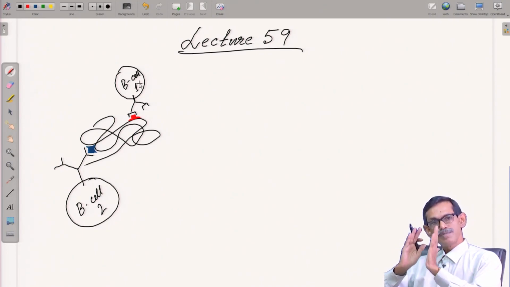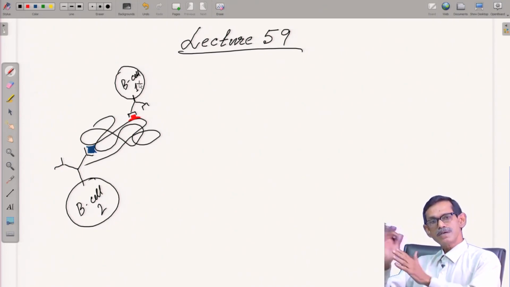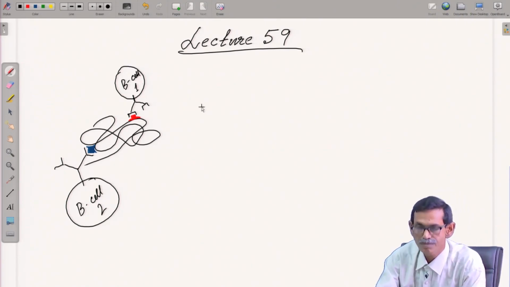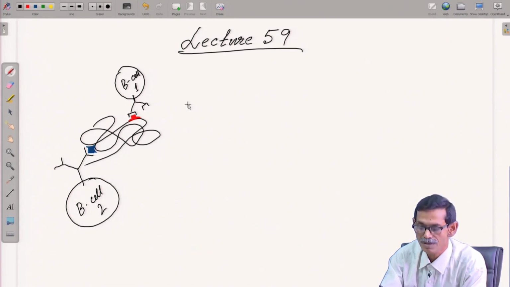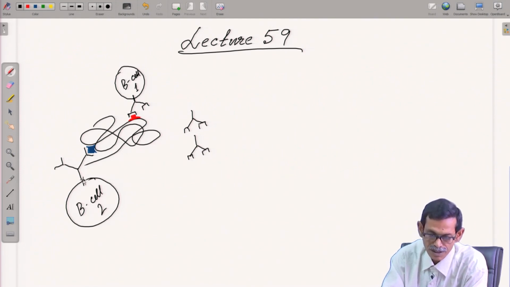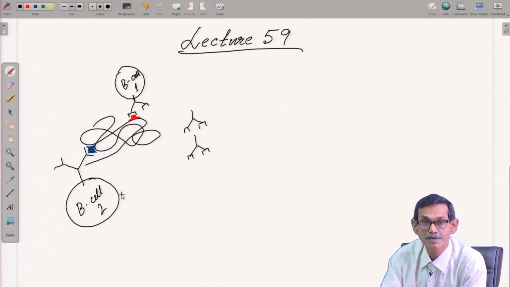Both B cells will ultimately be converted to plasma cells and produce antibody. So, what will we see after 7 days or around 10 days? There will be antibody like this, and from this B cell the antibody will be like this.